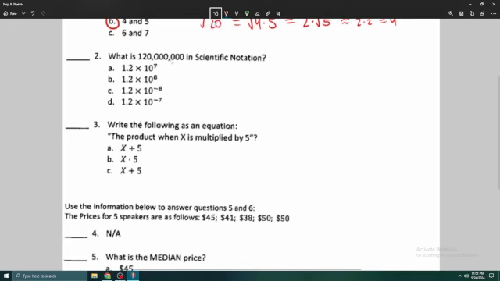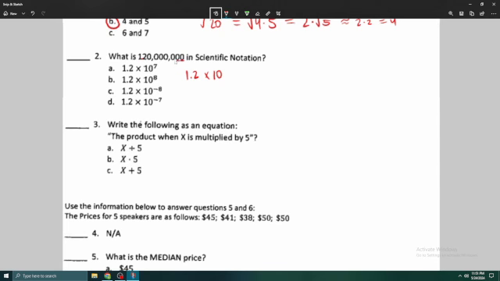So what is 120 million in scientific notation? Well, one way that you can think about this is we're just getting rid of all these zeros, but they're not really going away. We're going to put our decimal point right there. So it's going to be 1.2, but then we have to account for all those zeros somehow.